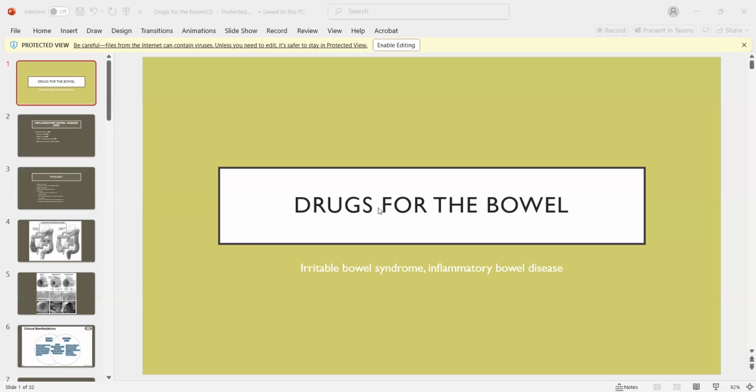All right, so we talked about aminosalicylates. These are used predominantly for ulcerative colitis. Their effectiveness when it comes to Crohn's disease is really not demonstrated.